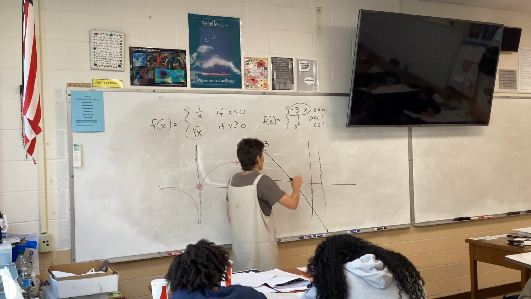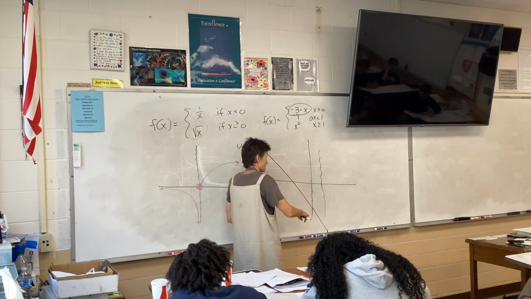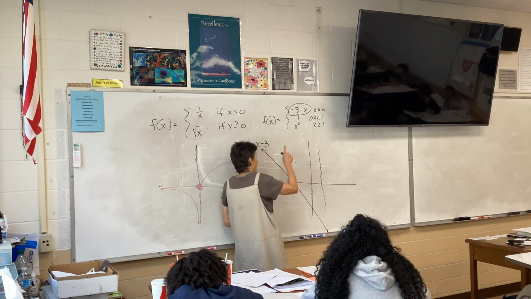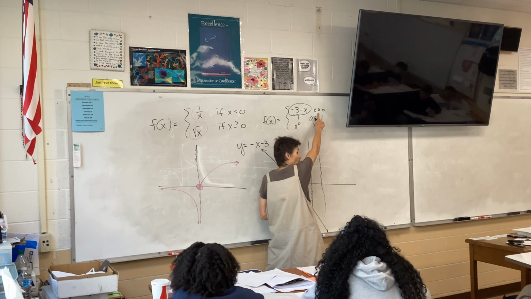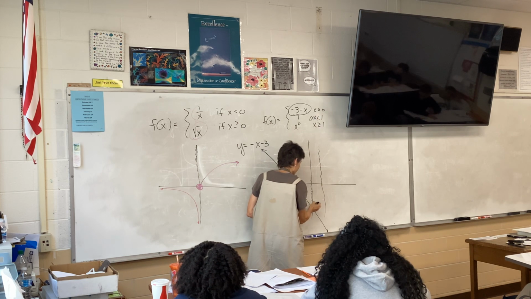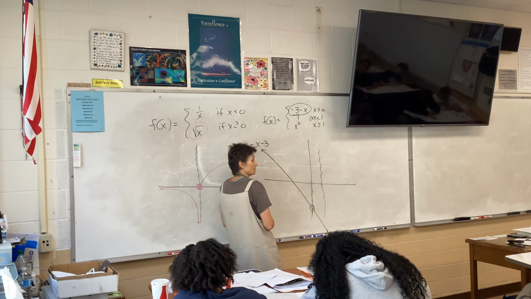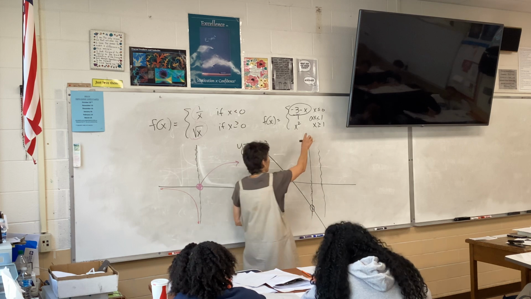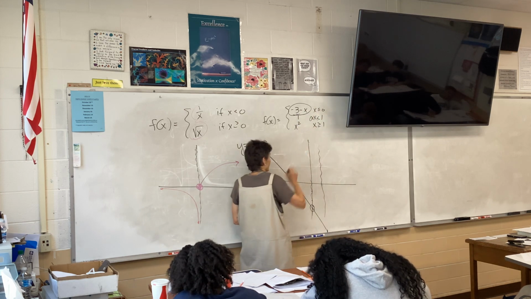Now, I have 2 squigglies. But for this particular curve, I only care about where it hits the 0, right there. I don't care about where it hits this one. That's not part of that equation.